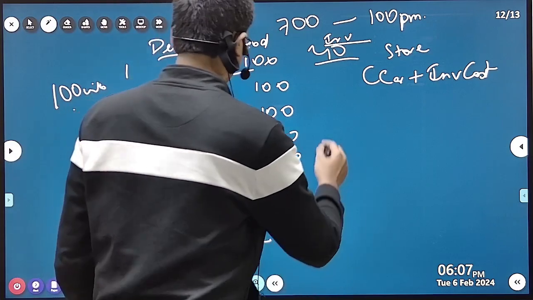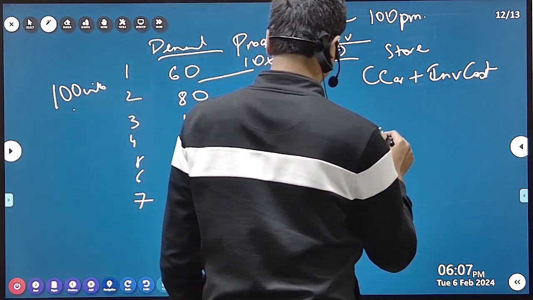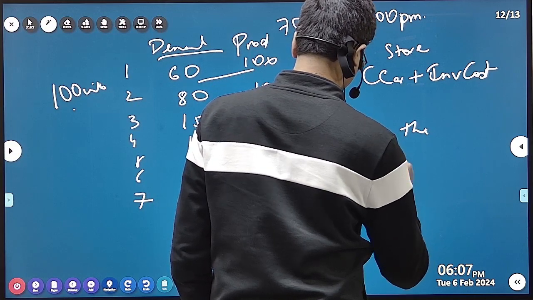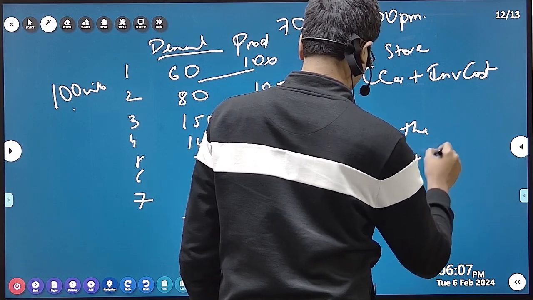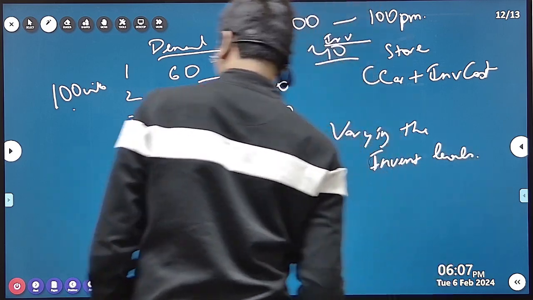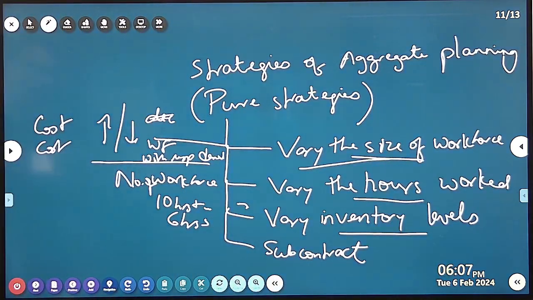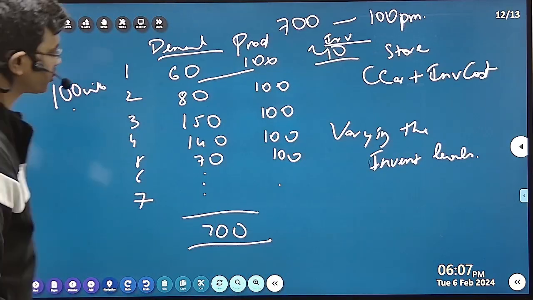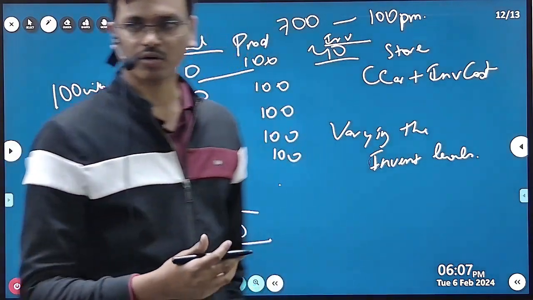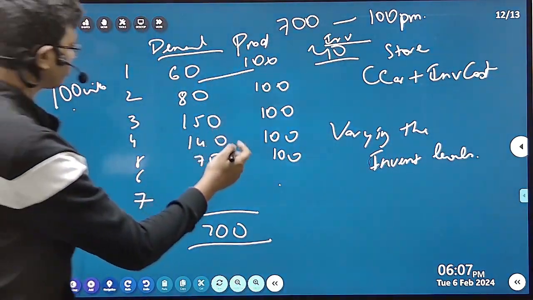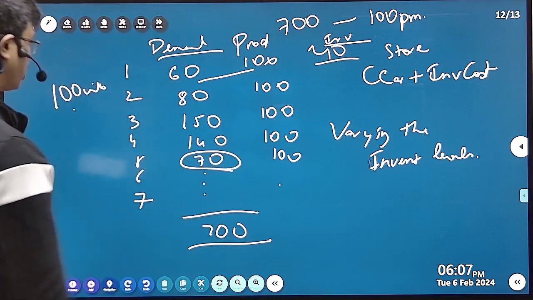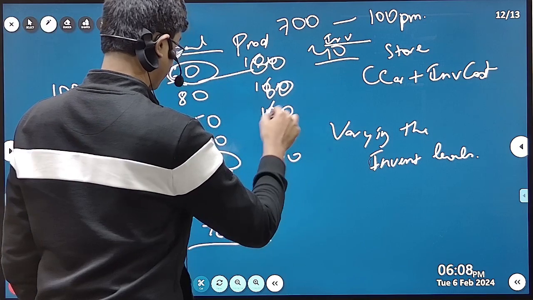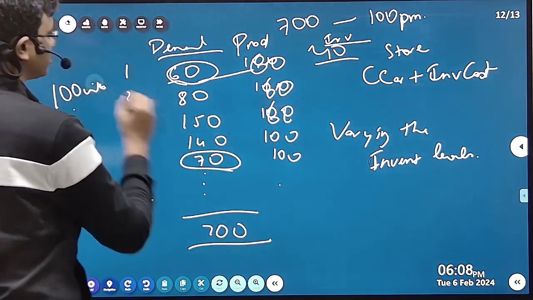So this is varying the inventory levels to meet the demand. Okay. And the last one is subcontracting. In this, you will be producing at a fixed rate, at the lowest amount. So suppose 60 is the lowest demand, you will be producing only 60, so you will not carry any inventory, right? In this strategy.